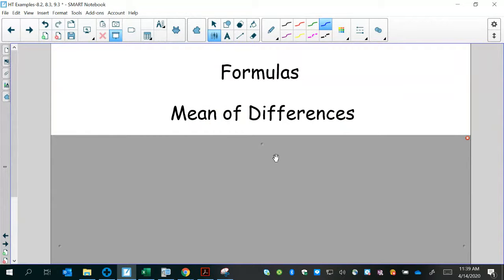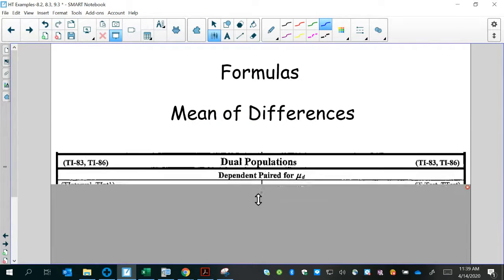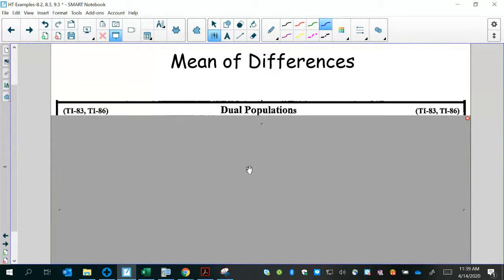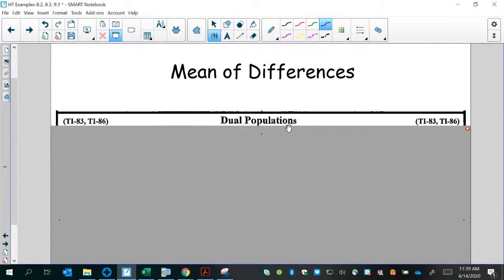All right, so what does it look like in our little packet here? It's under dual populations, even though, in my opinion, the way it's organized, it's not really a dual population. It's a single population with two sets of values that we turn into a single set of values called the differences.